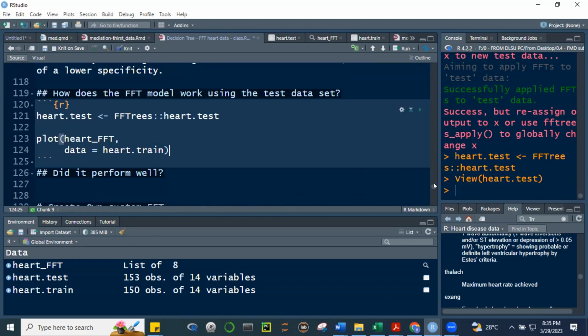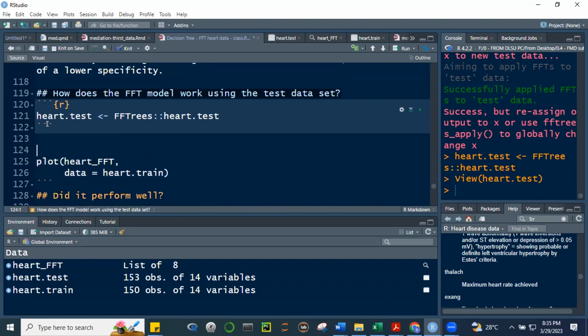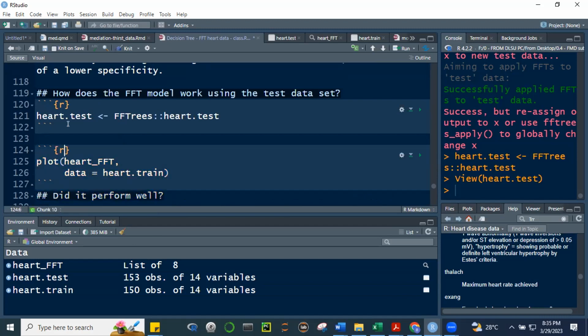Okay, so let's see if our model will perform well even if we use it for a data set that has not yet been seen. The FFTs function we used earlier used the training data. Now we will plot our model, but this time it will use heart.test, our testing data.